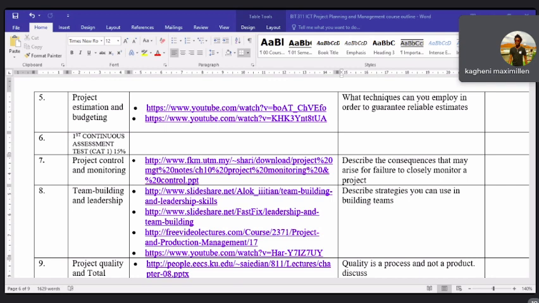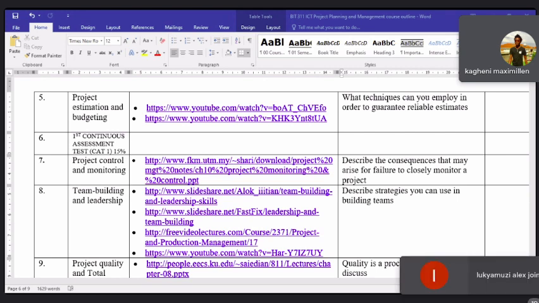We have Luchams who wanted to make some contribution. Yeah, a budget cannot be very accurate.